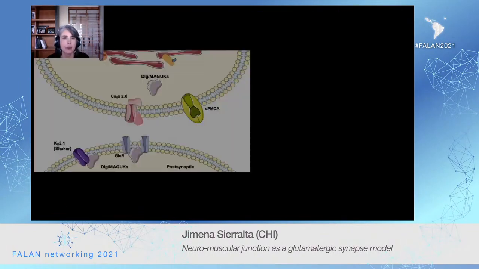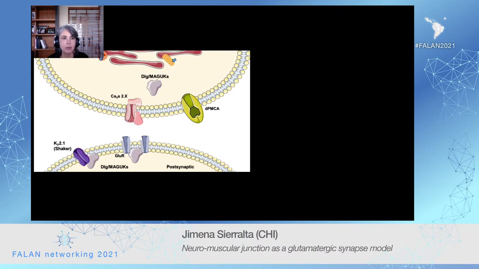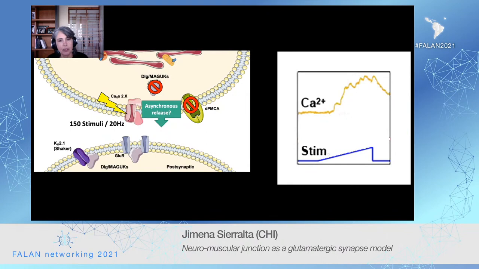We started this study by looking at the result of the accumulation of calcium, the bulk calcium, after 150 stimuli at 20 Hertz. This produced an increase in calcium in the bouton that, after the stimulus is stopped, maintains asynchronous release until the calcium goes to resting levels.